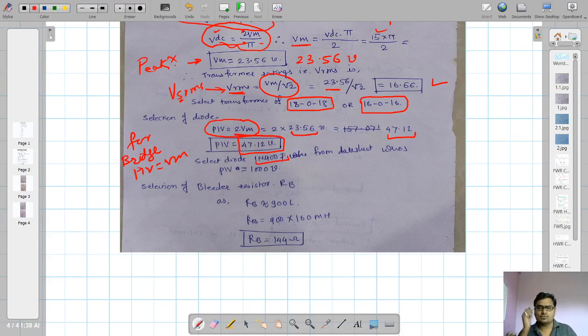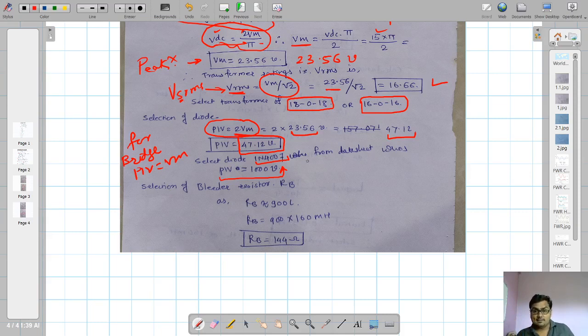Its PIV is 1000. Yes, even I have written here. It has PIV 1000. It is the simplest diode, called a rectifier diode. Basically, those are used for rectifiers only, generally. So that's why it is 1N4007, PIV equal to 1000.